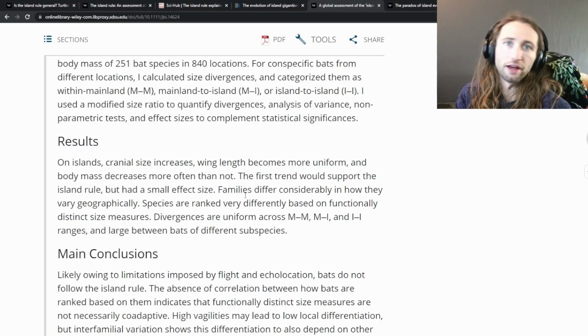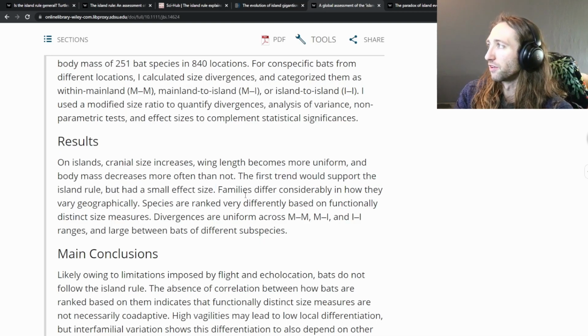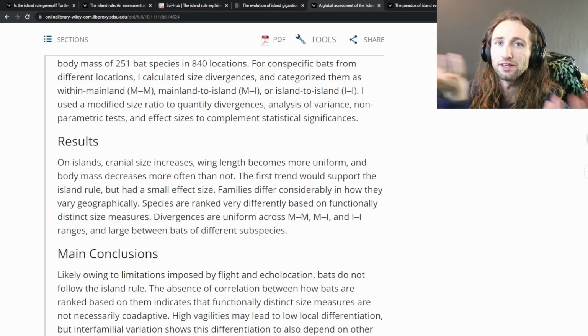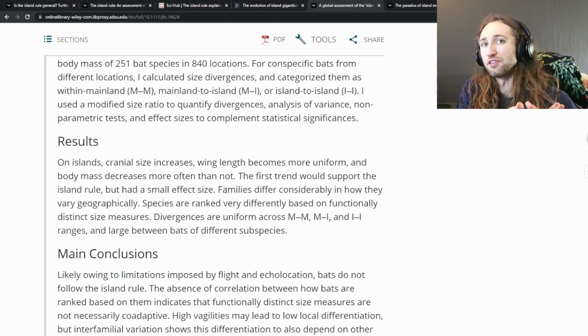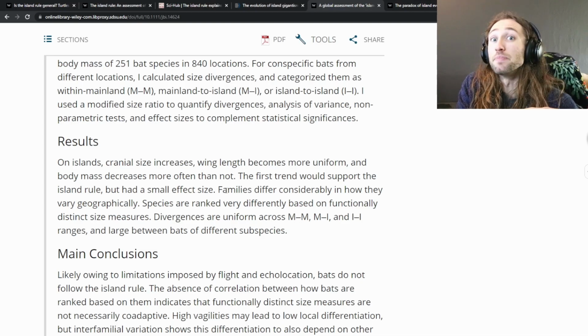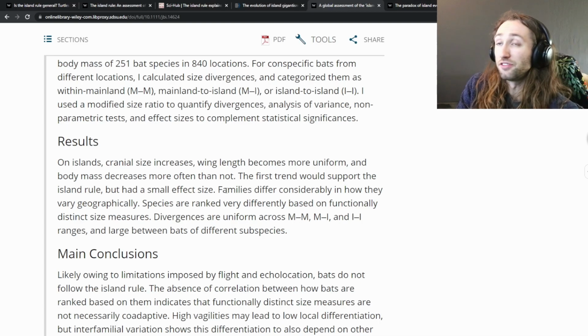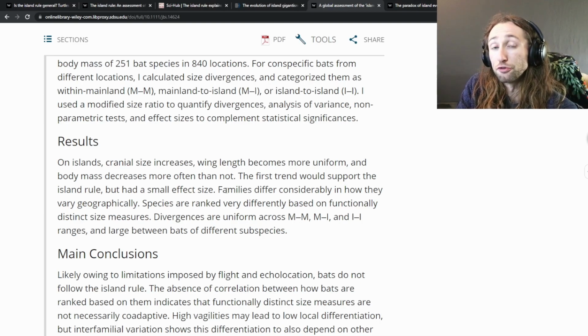A small effect size is just statistical speak, more or less saying that on a comparison between cranial size increase and island size, even though it may be significant, it's not meaningful. It wasn't really being informative. Significant just means you have enough data to find a pattern and be sure that the pattern is there. But then you should ask that next question of, okay, but is it meaningful?